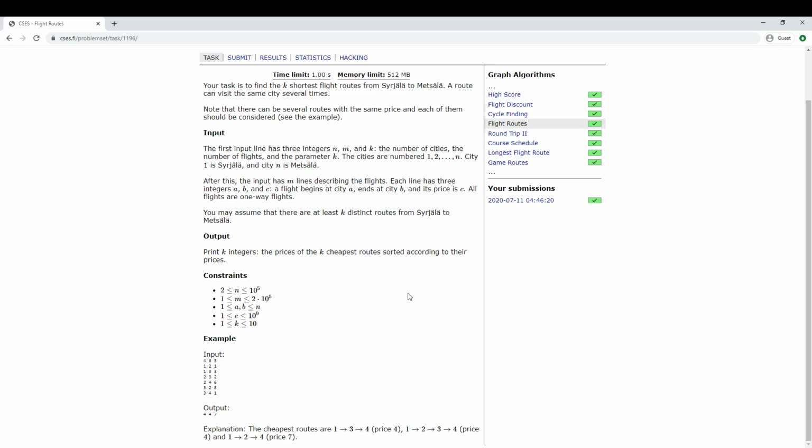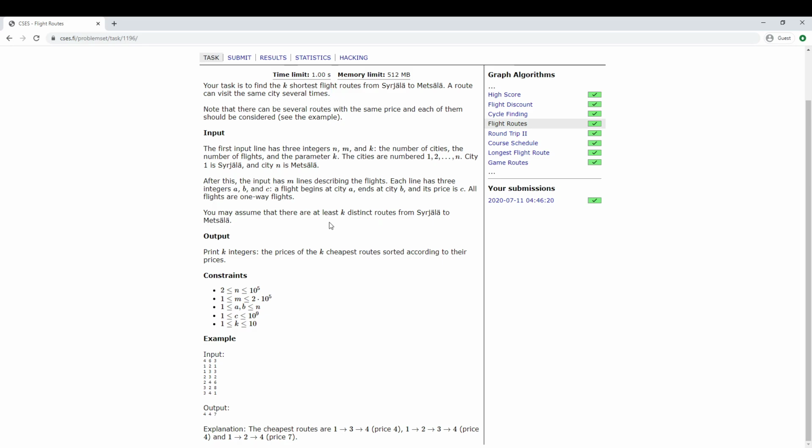And the point is that the second time we see a vertex, that's the second cheapest way to get to that vertex. It's the same idea for Dijkstra, it just goes through with higher k.